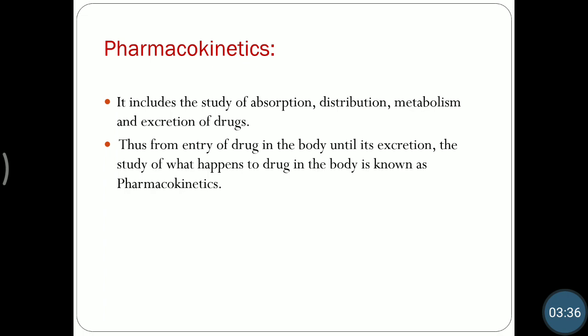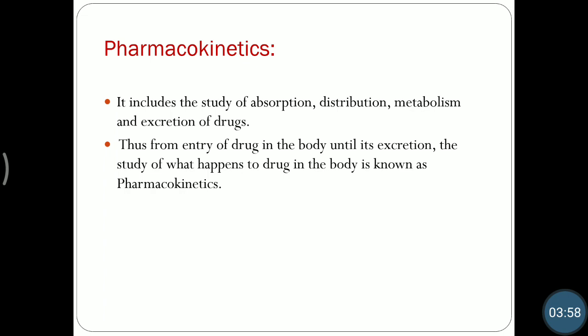The second term is pharmacokinetics. It includes the study of absorption, distribution, metabolism, and excretion of drug. We have already learned drugs are substances which bring abnormal physiology to normal.